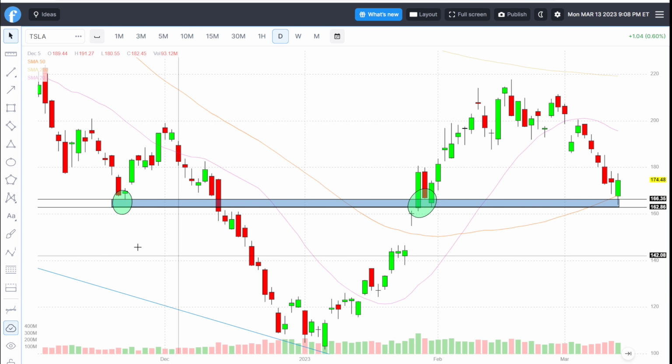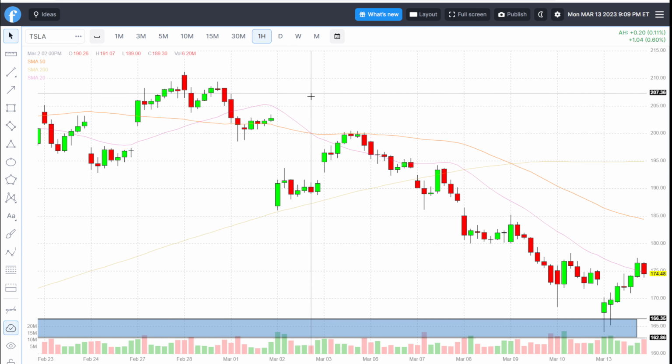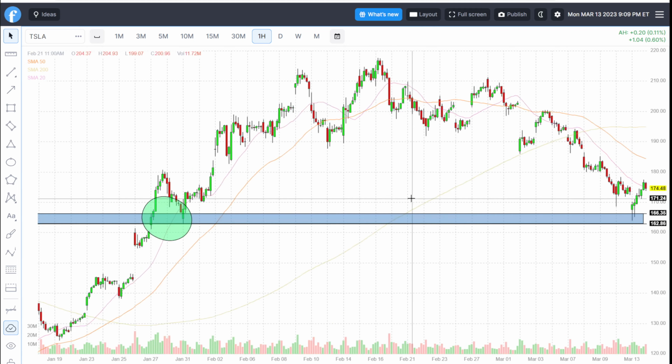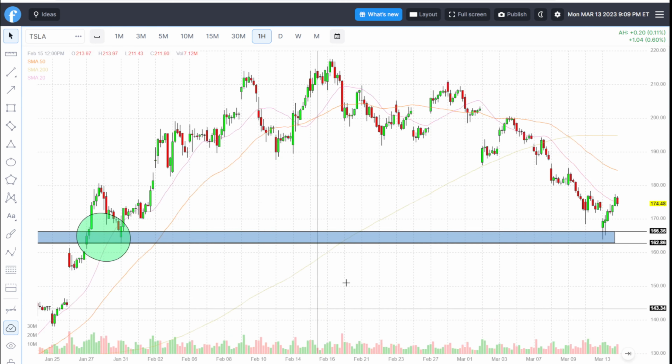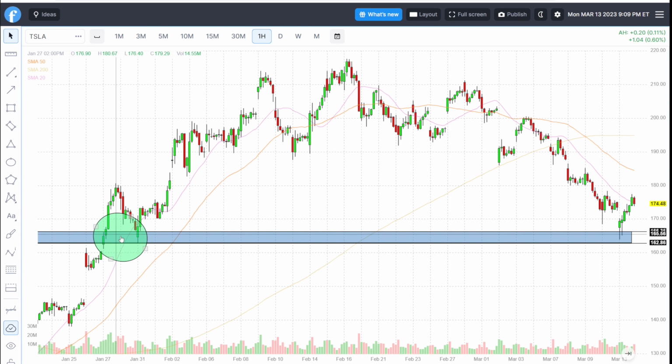I wanted to try for a long at the 163 area, somewhere here. So 166.35 and 162.86 are the key levels that I was watching that I drew on my chart. And it really bounced in there.